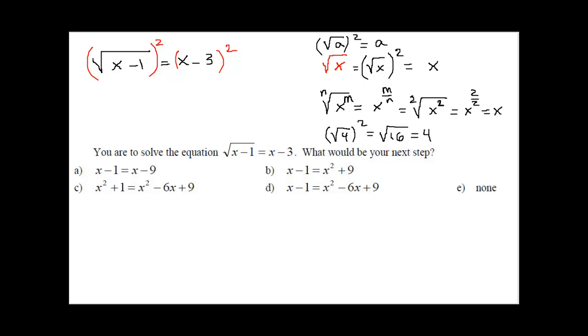So if I do that on the left-hand side, I get x minus 1. The radical disappears. Ryan, can you tell me what do I get on the right-hand side? X squared minus 3 squared.